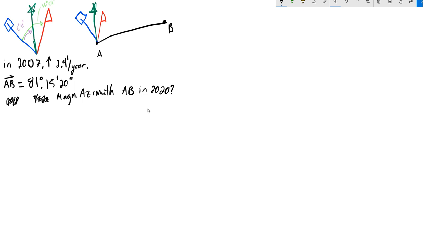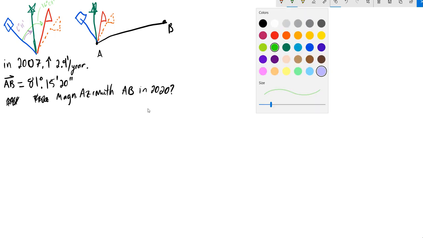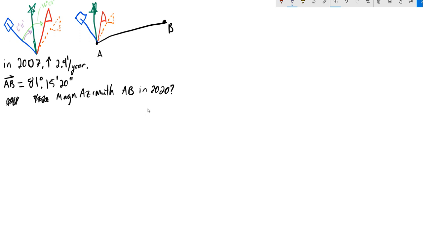So this is why we need to do the magnetic declination, because this changes. This is going to go like that, right? Because it's increasing. So the angles that I am dealing with in here is I have this one originally, and then I need to figure out this one.